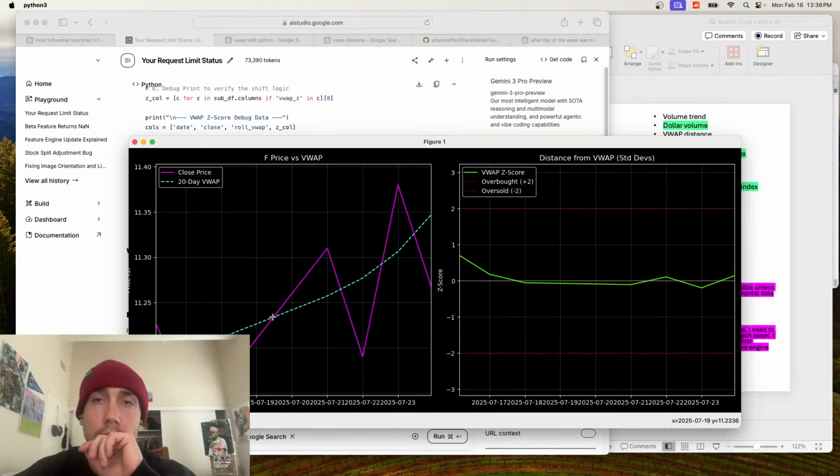And then it should go positive again on the 21st. Yeah, okay. And then it goes negative again on the 22nd, so that should happen on the 23rd.